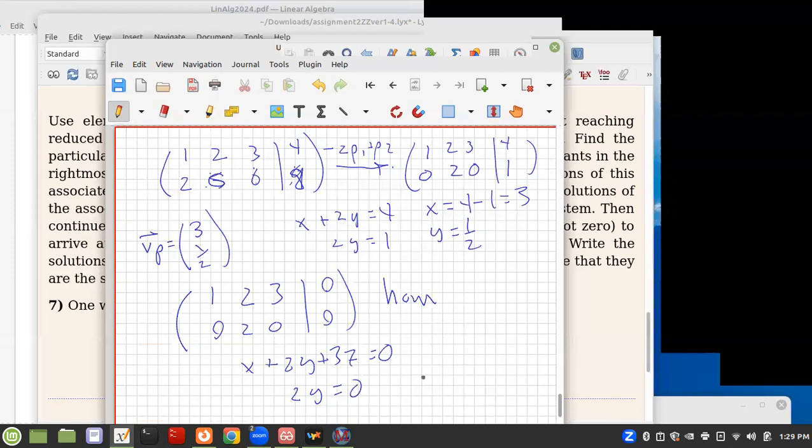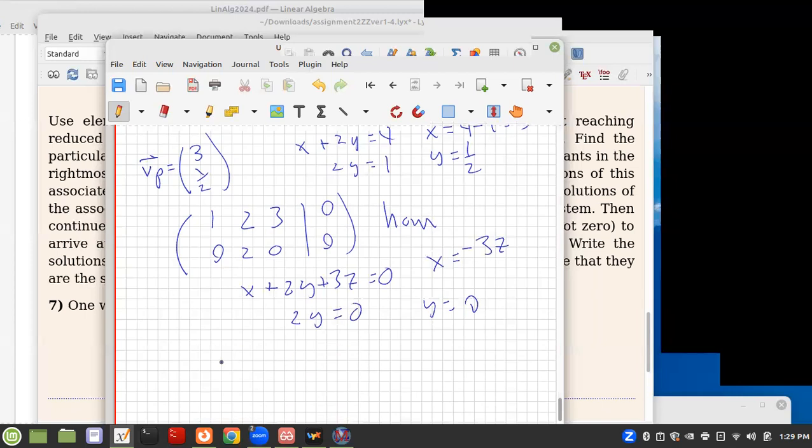So you're going to end up with y equals 0 and x equals minus 3z, right? So the set of homogeneous solutions is going to equal z times (-3, 0, 1), such that z is any real number.